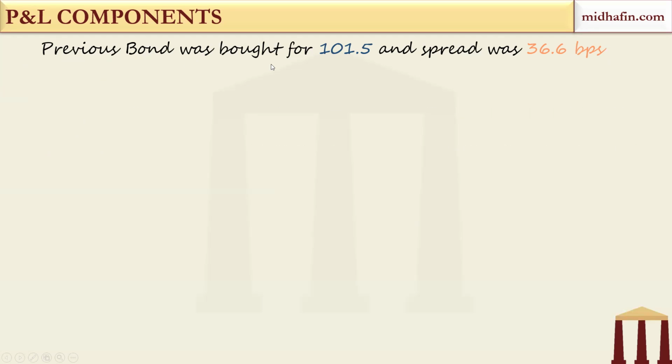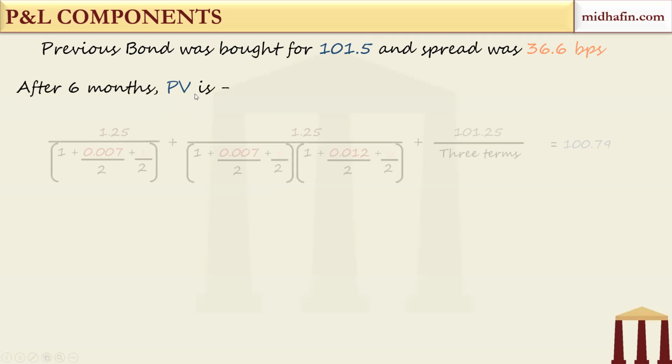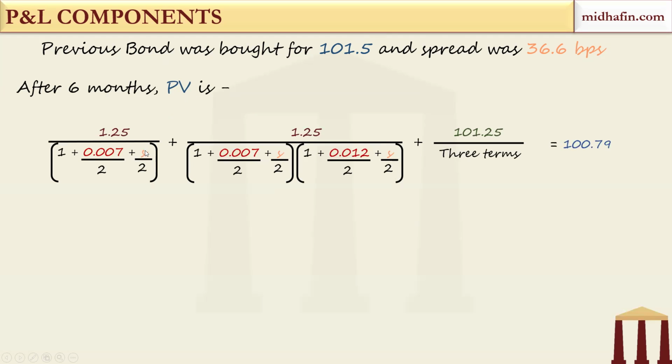So now the previous bond price was 101.5 and the spread was 36.6 basis points. Fair value was 102.226, the bond that we considered initially. When we were talking about the spreads, we are taking that bond only here. Now after 6 months, when I calculate the PV, I incorporate the assumption that forward rates remain unchanged.